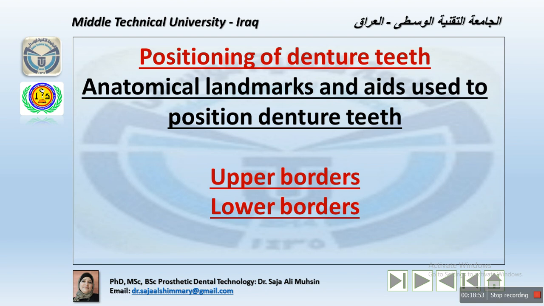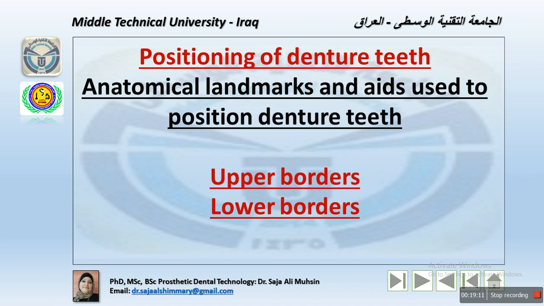Starting from the upper border, I'm going to mention many important maxillary and mandibular borders, and then we are going to find out these landmarks and what the demarcation will be in the denture later on.